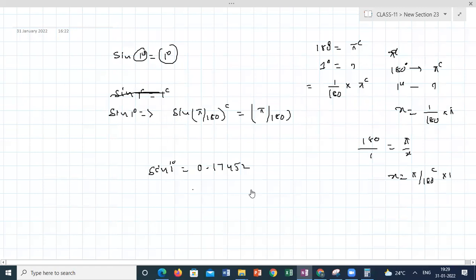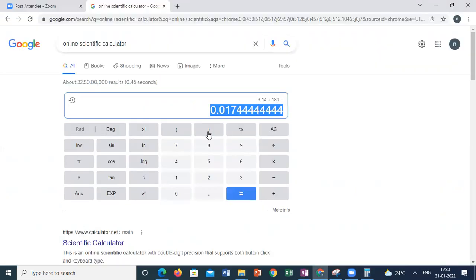Suppose I am taking 8 degrees, what is the value of sine 8 degrees? It is 0.13917, which is compared with pi by 180 into 8, so 8 pi by 180.